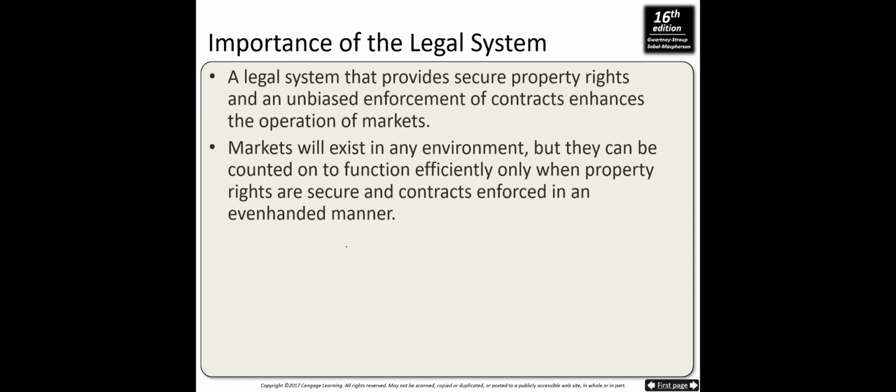So a legal system is very important in that perspective, and a legal system provides secure property rights and unbiased enforcement of contracts, which enhances the operation of markets. Markets will exist in any environment, but they can be counted on to function efficiently only when property rights are secure and contracts enforced in an even-handed manner.